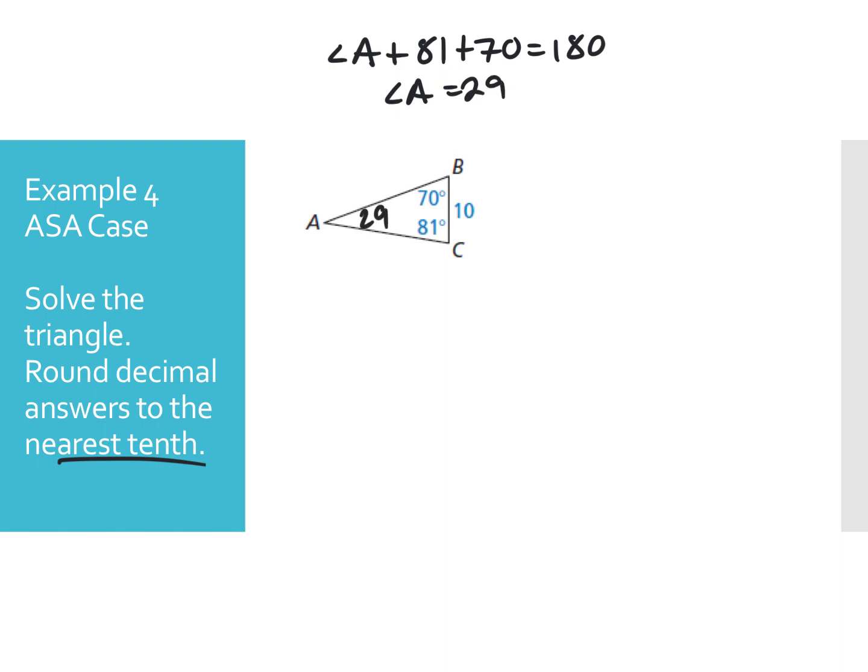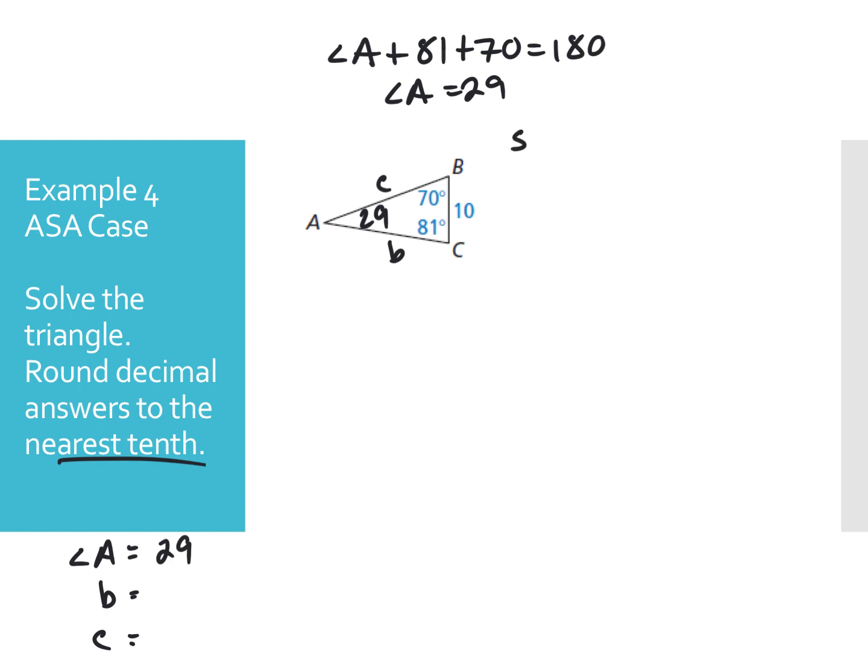Now, I already found angle A. This is side B and side C. We're still missing side B, and we're still missing side C. Now, because we don't have anything to be able to do sines, we have to use the angle that we found.